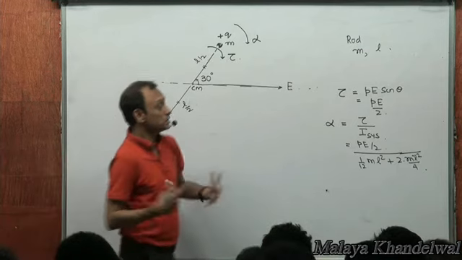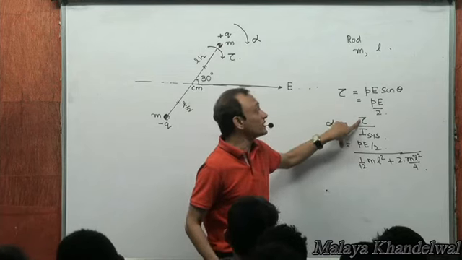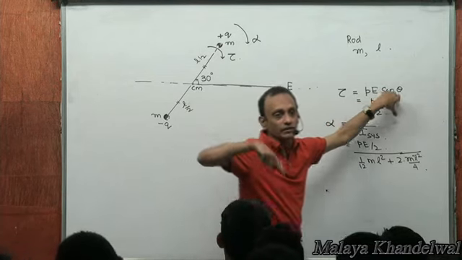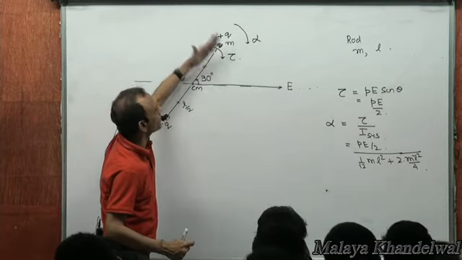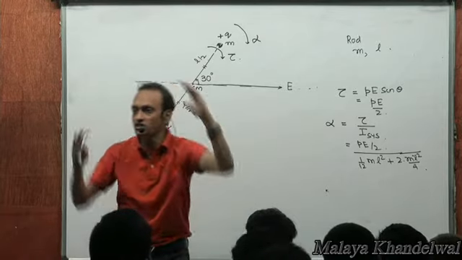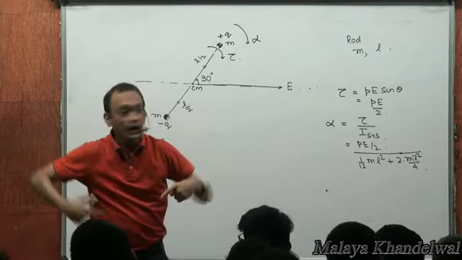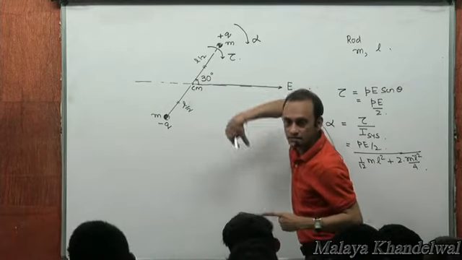Obviously, I of the system is remaining the same about the center of mass, but torque is varying because this theta is continuously varying. The system starts to rotate like this. Under the influence of this torque, it has an angular acceleration like this, and therefore it will develop an angular velocity in the clockwise sense, right?